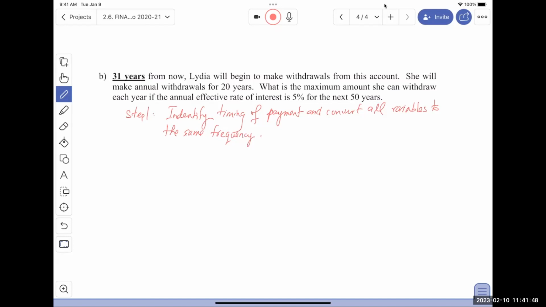So what's the timing of payments? When are payments happening? There's a payment as a withdrawal, right? And they're annual. So the payments are annual. So what are the rates that we have? We just have the effective annual rate of 5%. So this is the one we use because this is annual.